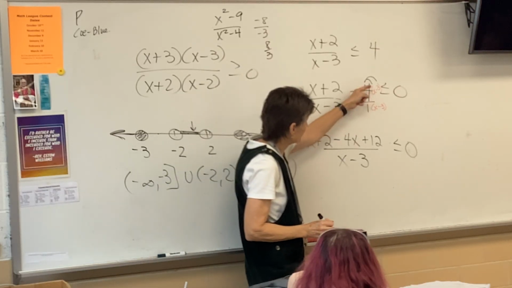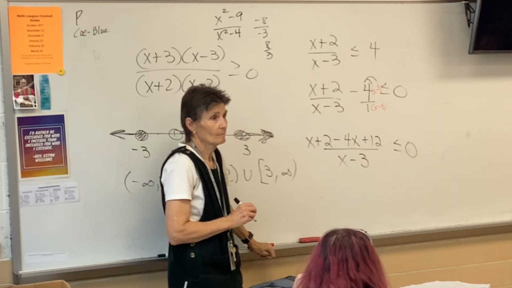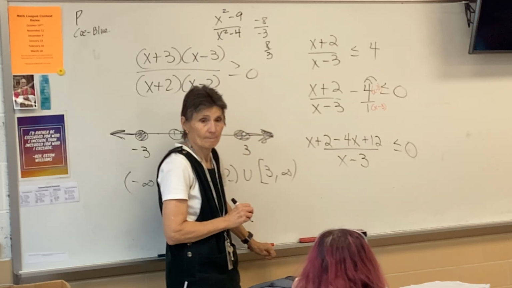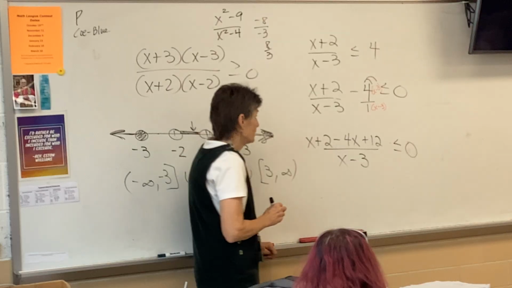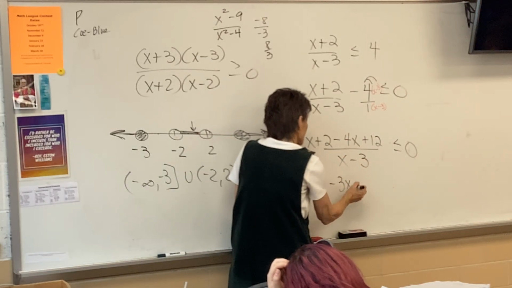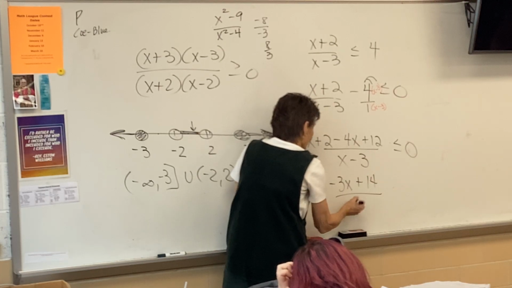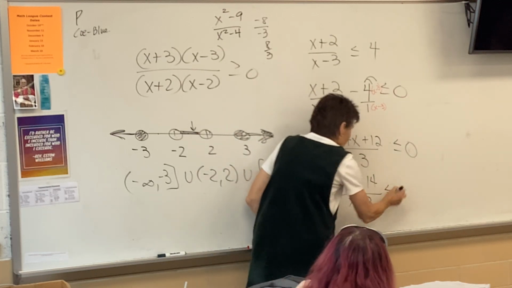You're distributing negative 4. Combine like terms up there, so we have negative 3x plus 14 over x minus 3 less than or equal to 0.